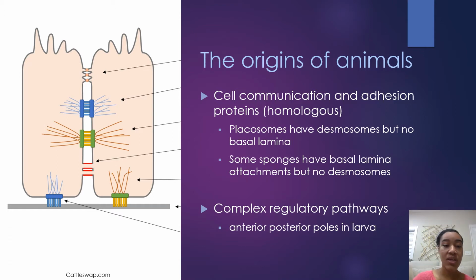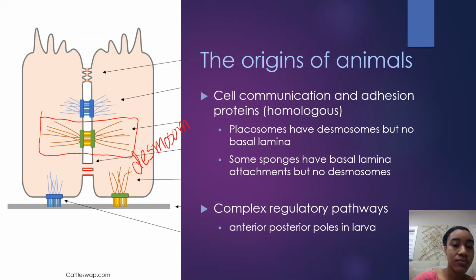There must be these junctions here that connect and anchor neighboring cells to one another, and these are called desmosomes. So desmosomes must be present, but you must also have these anchors here that anchor the cells to the basal lamina.